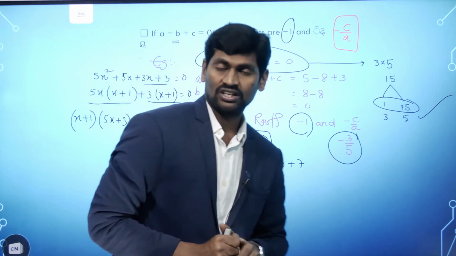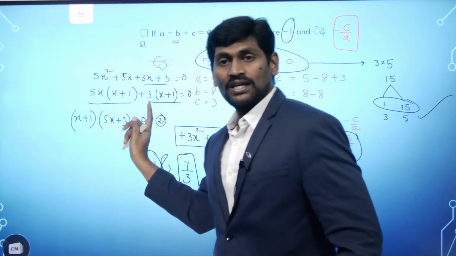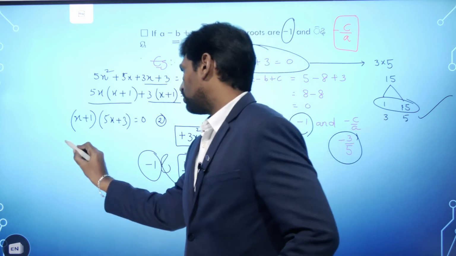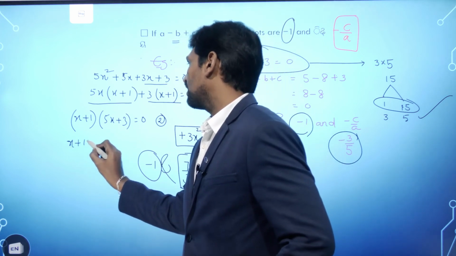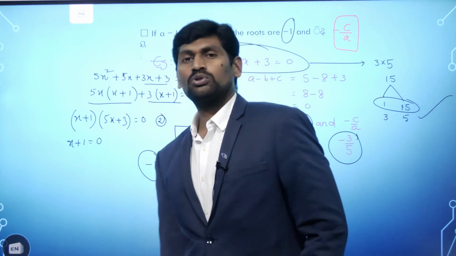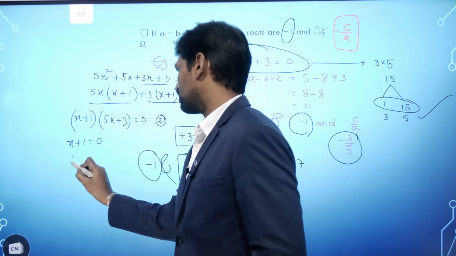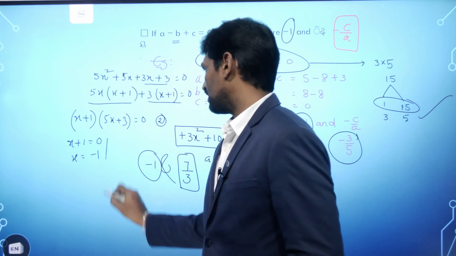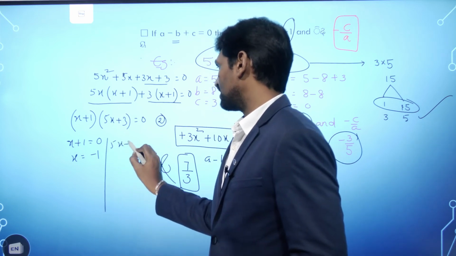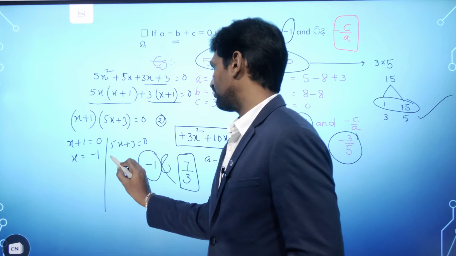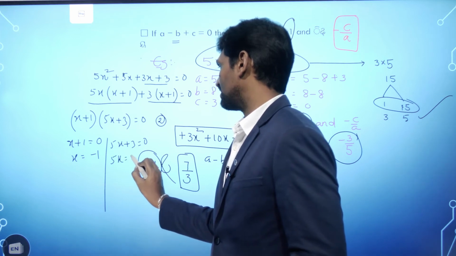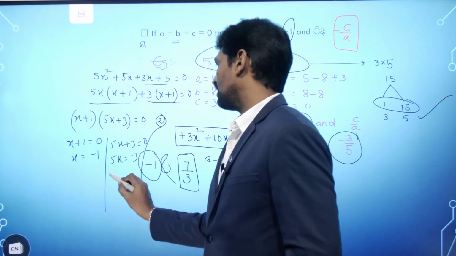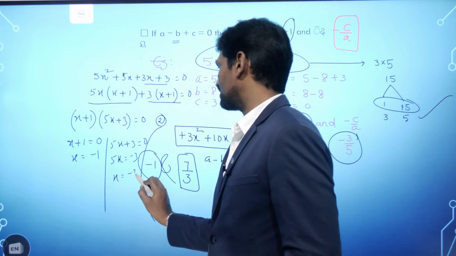One is x plus 1 and the second one is 5x plus 3 equals 0. Now, let us equate both of them to 0. X plus 1 equal to 0, then x value is minus 1. And the second one, 5x plus 3 equal to 0, 5x equal to minus 3, x equals minus 3 by 5.